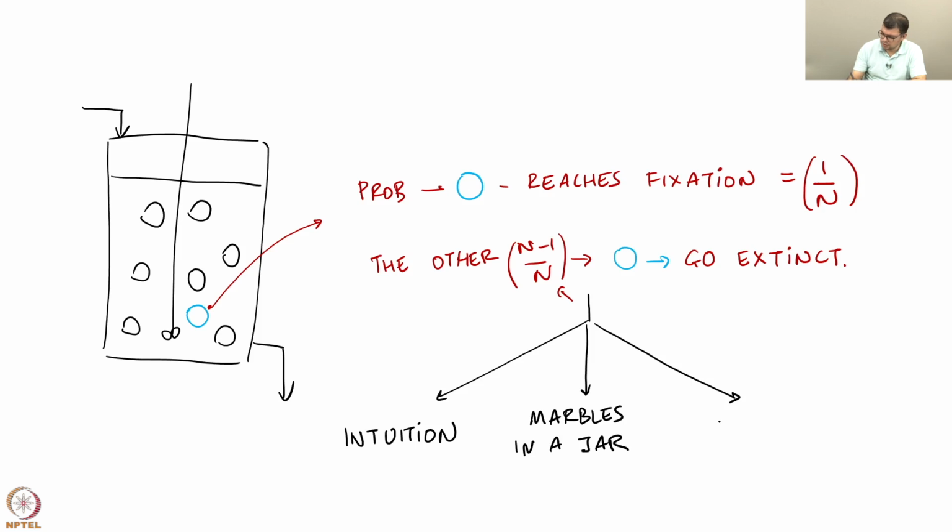And the third one was this development of equations which led us to the same result. So, there were different approaches that we took to understand this problem together, and all of them led to this result, that the probability of a neutral variant reaching fixation is simply equal to 1 upon n.